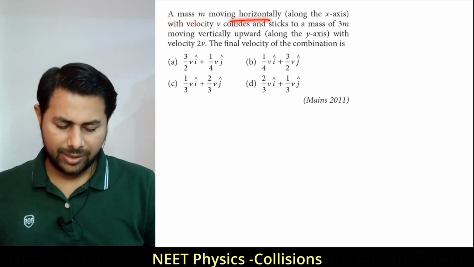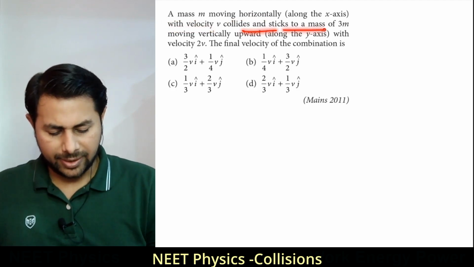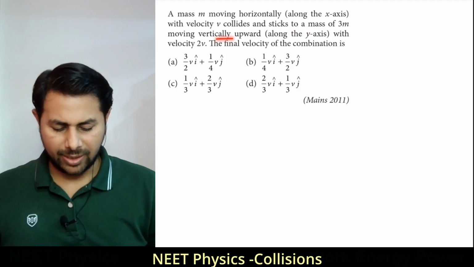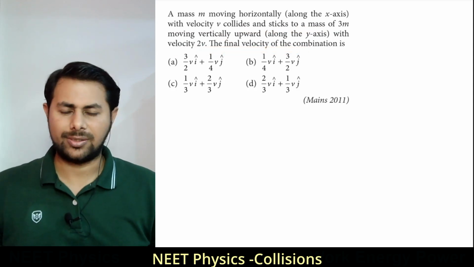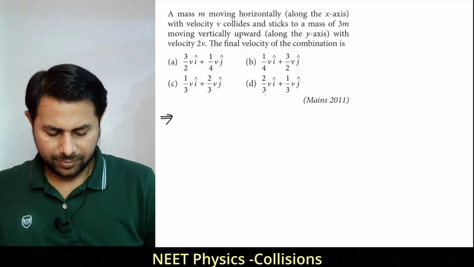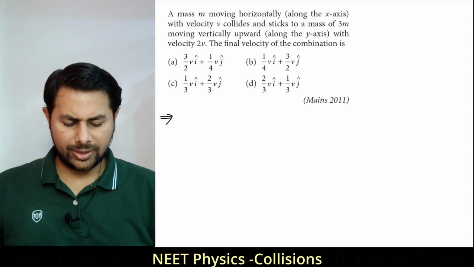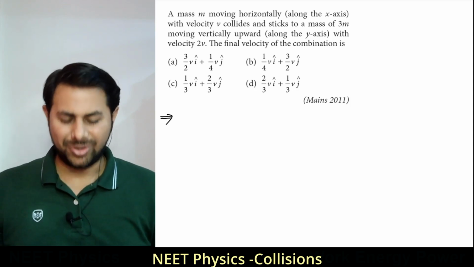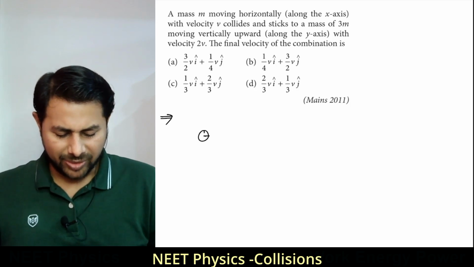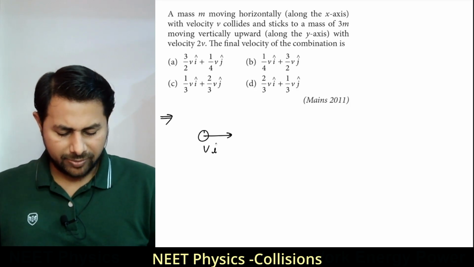Mass m moving horizontally along the x-axis with velocity v collides and sticks to mass 3m moving vertically upward with velocity 2v. The final velocity of the combination is, tell me. Okay, so the first mass was moving horizontally with velocity v, so its velocity is v i cap.